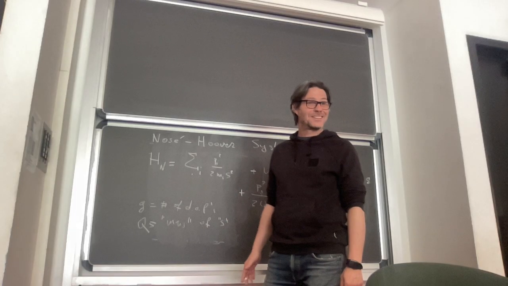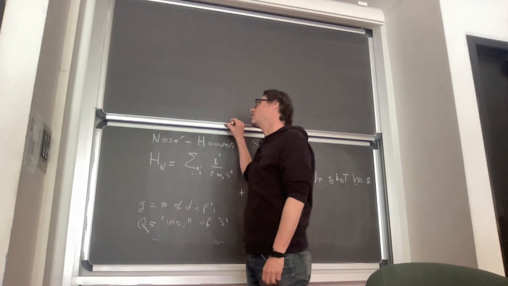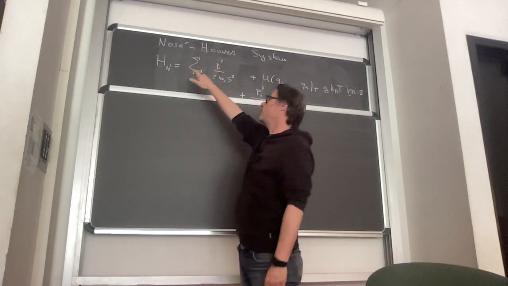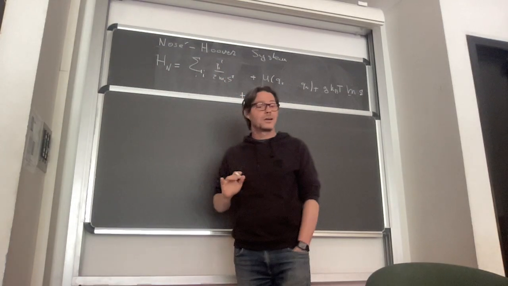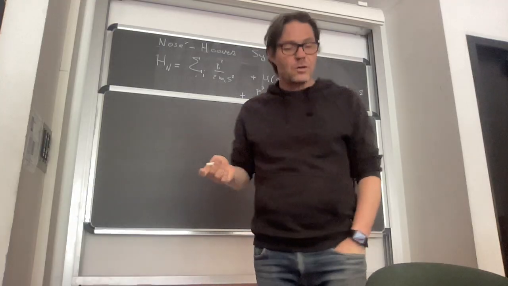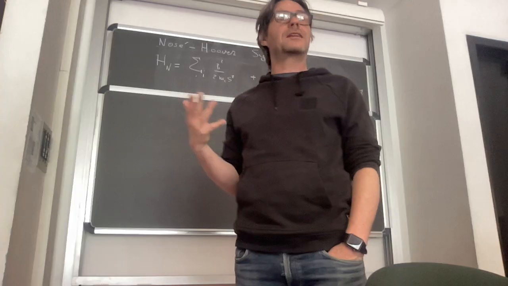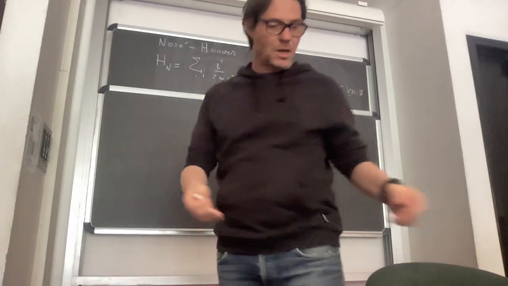But before we do that, it is convenient to switch from the original Nose formulation to the Nose-Hoover, and the contribution of Hoover was that of changing variables, basically, to make the physics of this a little bit more transparent.